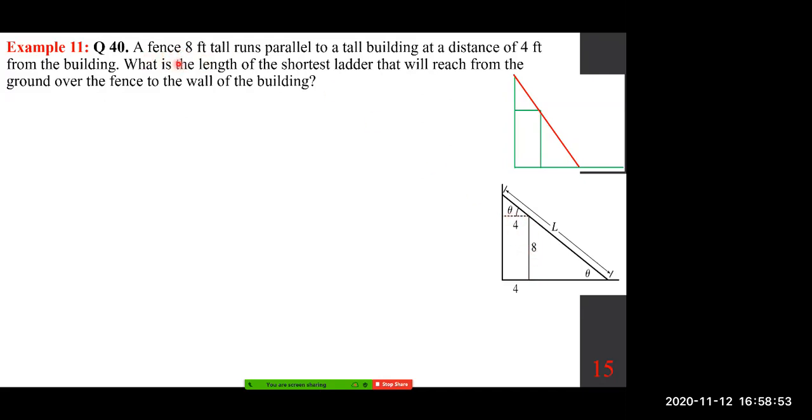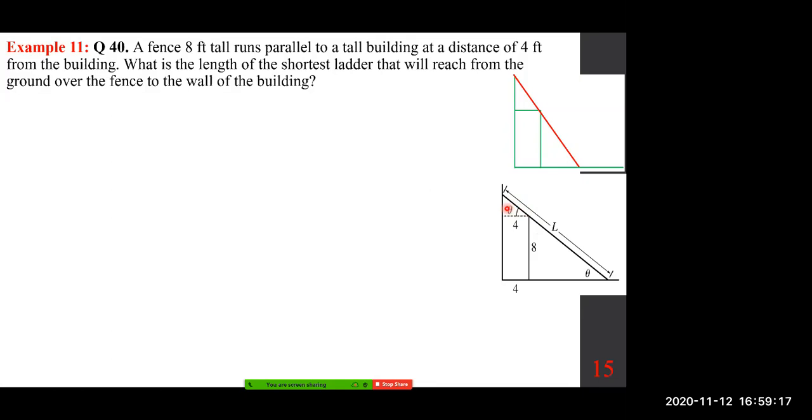Here's the fence, so it's 8, and the distance to this building, which is a tall building, is 4 feet. So this is 4. And when you do that, this becomes theta, and this becomes theta. The two angles are the same.